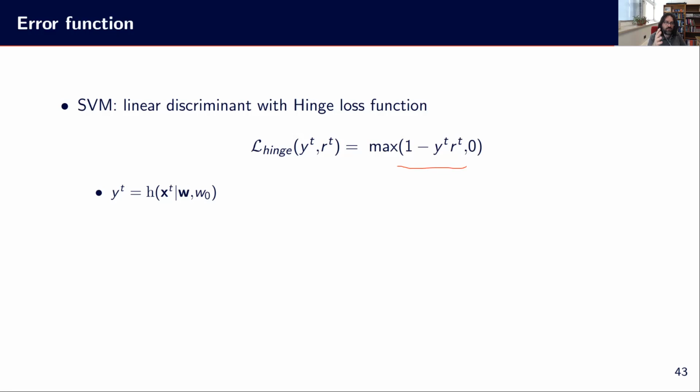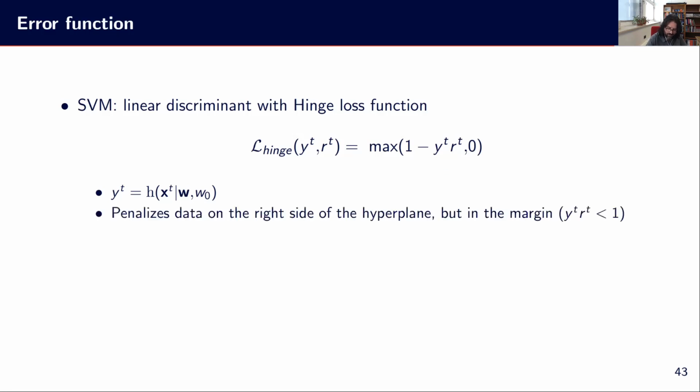So we want to minimize this loss, to correctly classify all samples, and even to get them correctly classified outside the margin. So we are penalizing the data on the right side, correctly classified by the model but in the margin, the cases where YT RT is less than 1.